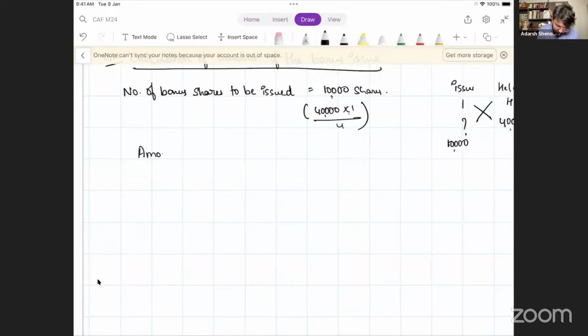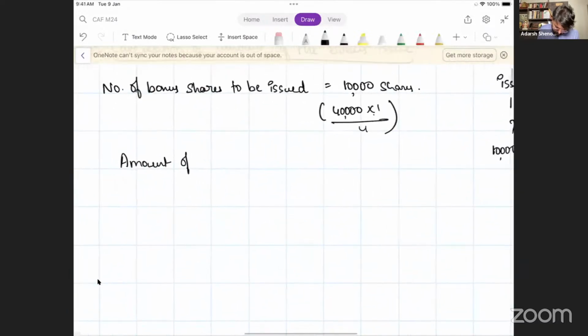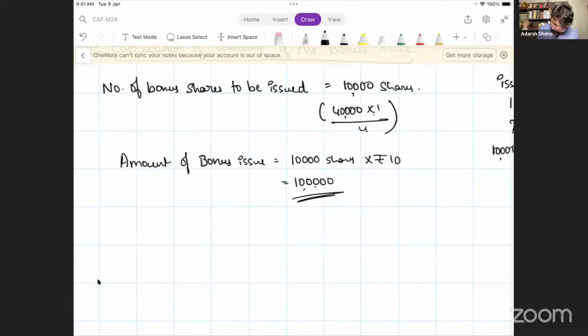So, amount of the bonus issue is equal to 10 rupees into 10,000 shares. What will be the amount? Rupees 1 lakh.